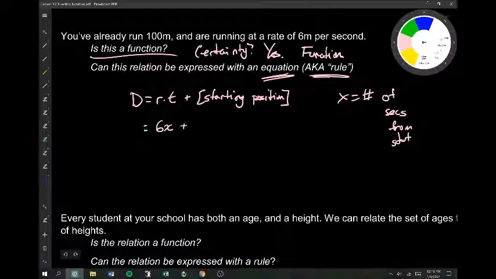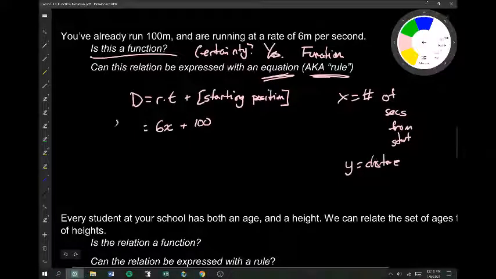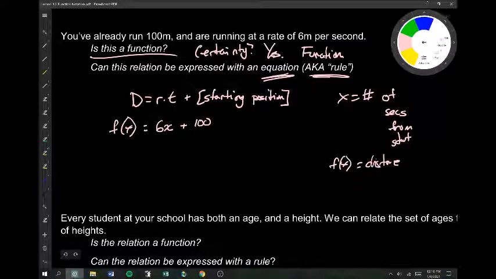Our starting position is 100 meters. And let's have y be our location, our distance. This equation models how far we've run in a given period of time. But instead of calling it y, I'm going to call it f of x to let everybody know this is a function. One input goes to only one output.